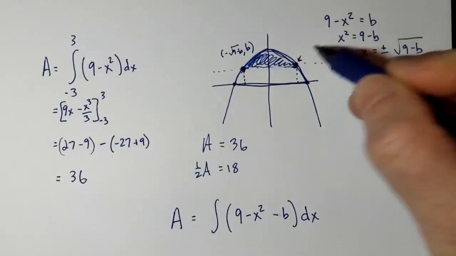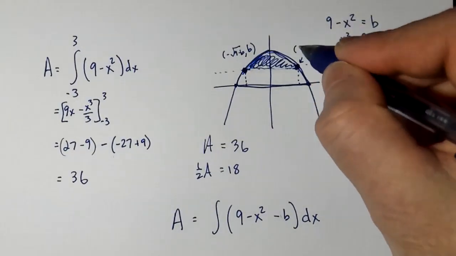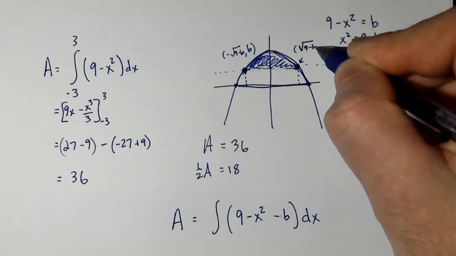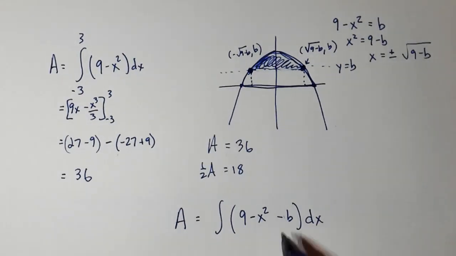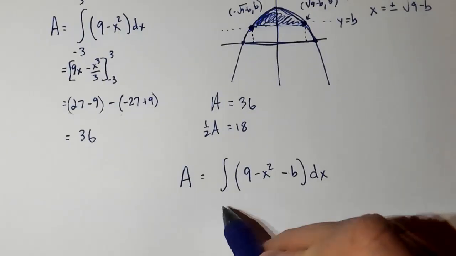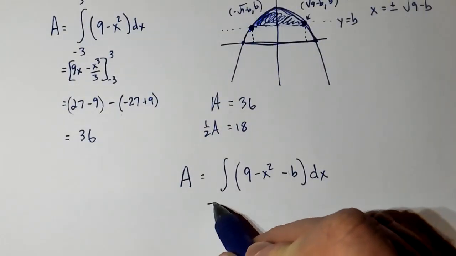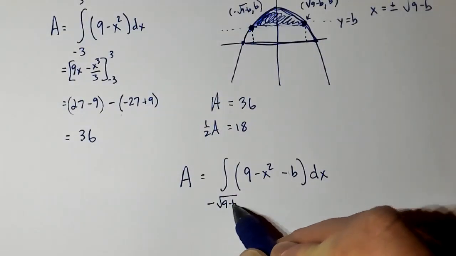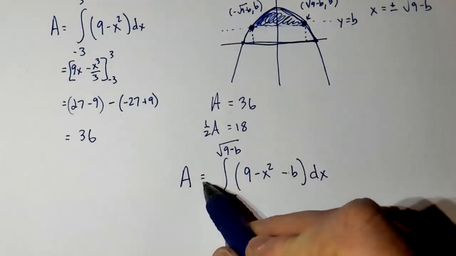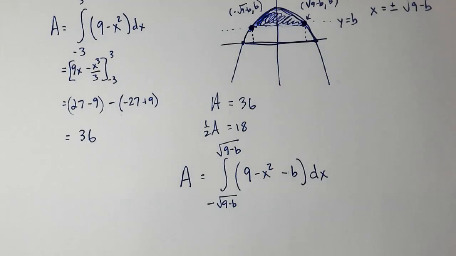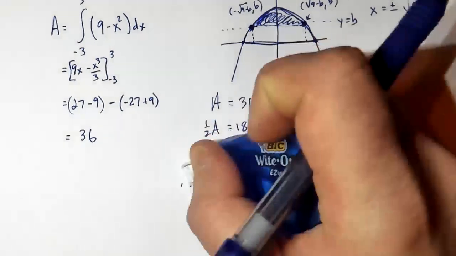And this point right here is going to be square root of 9 minus b, comma b. So if we want, my boundaries here are going to be negative square root of 9 minus b and positive square root of 9 minus b. That equals the area. Well, what's the area? The area, in this case, is going to be 18.